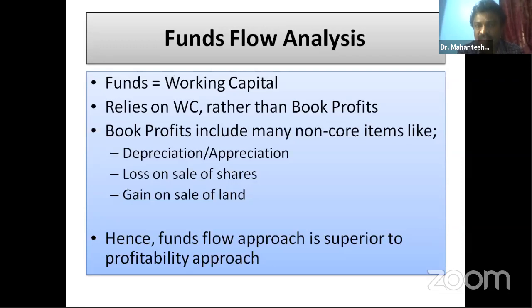So these are called the non-core items. So let us understand what is a non-core item. Non-core items ಅಂತಂದ್ರೆ the items or the transactions that have evolved not from the core business activity.